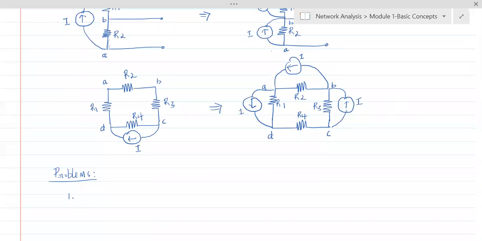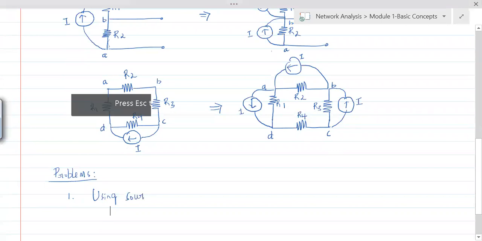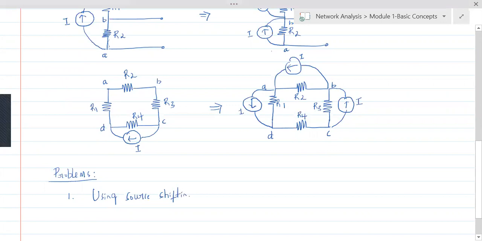Everybody take down this: using source shifting slash transformation. This is how the question would be given.